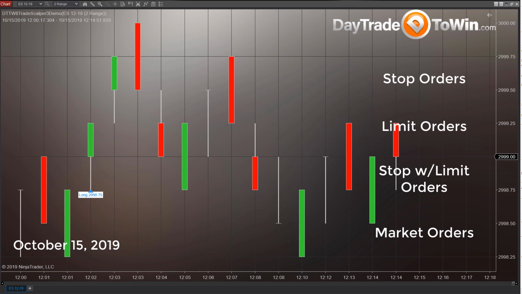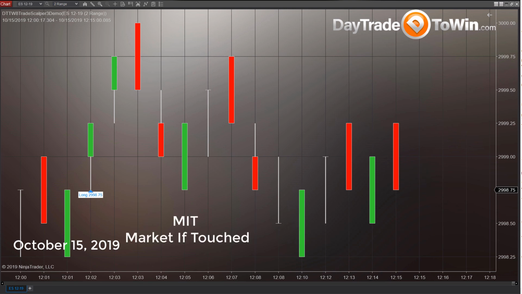Now the other order I want to talk about today, besides a limit order and a market order and a stop order, is an order that is called an MIT, market if touched. And a market if touched order is something that I like to use because it ensures that if that value is touched, I'm filled.